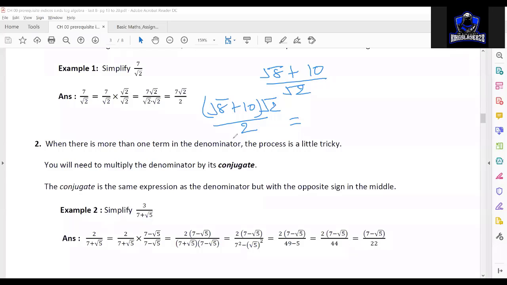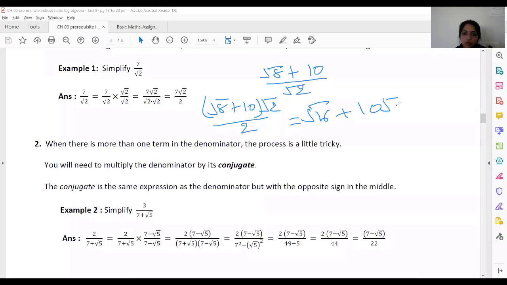Root 8 into root 2, that is root 16, plus 10 root 2 upon 2. Root 16 is 4. 4 by 2 is 2 plus 5 root 2.